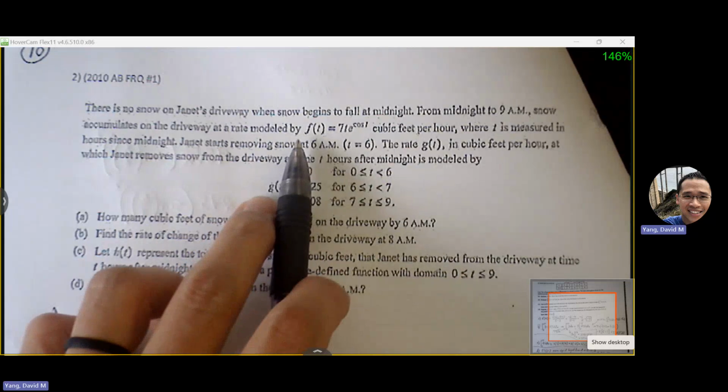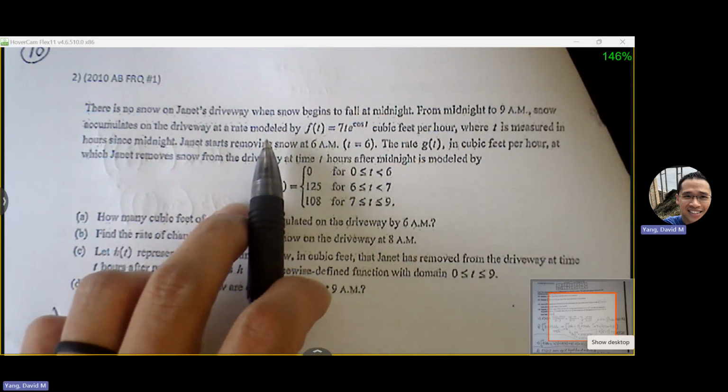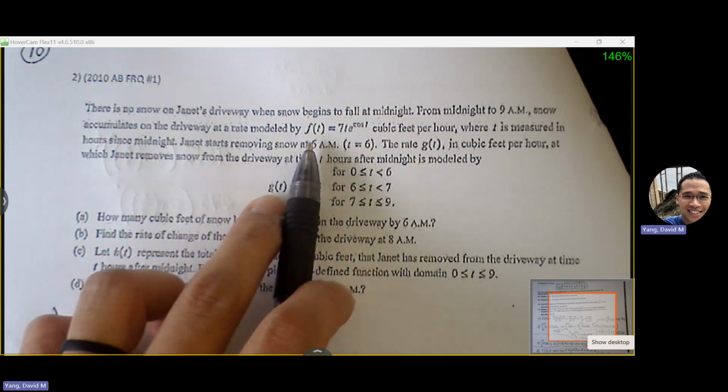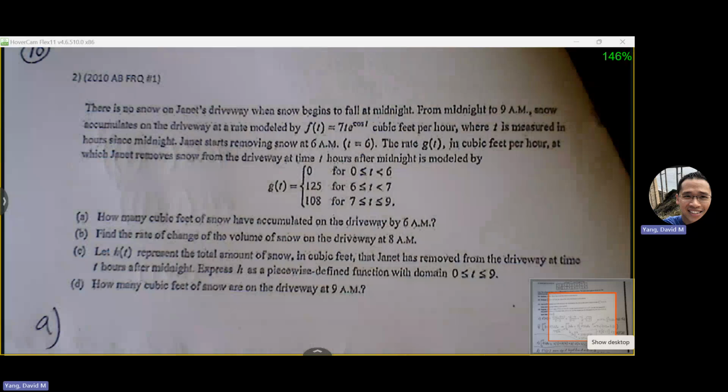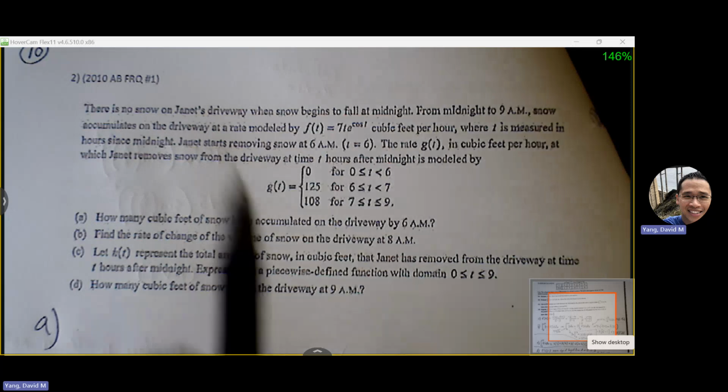From midnight to 9 a.m., snow accumulates on the driveway at a rate modeled by f of t equals 7t e to the cosine of t cubed, in cubic feet per hour, where t is measured in hours since midnight.